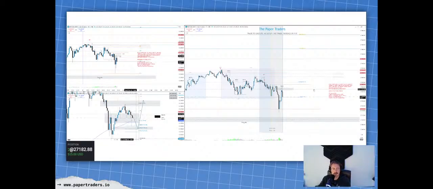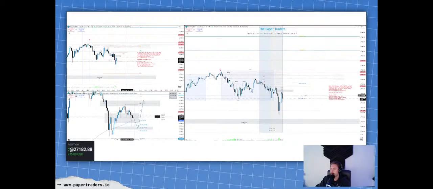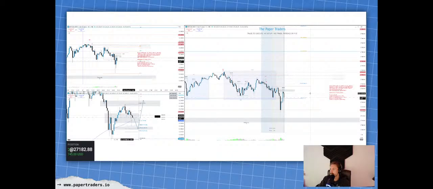Ten more seconds left in this 5 minute candle. Consolidation there. This next 5 minute does.